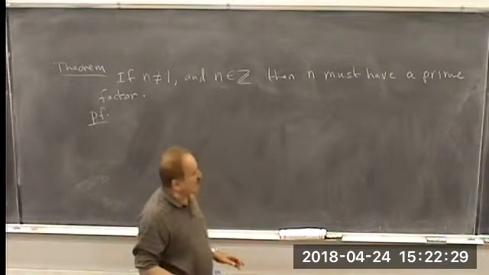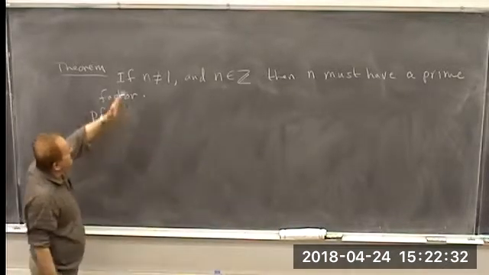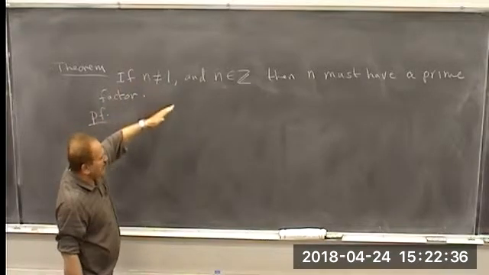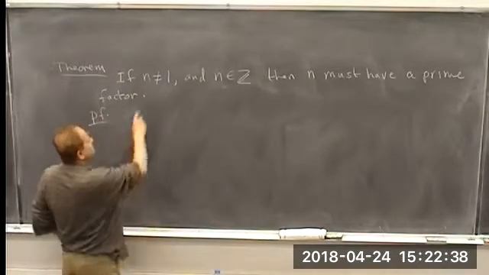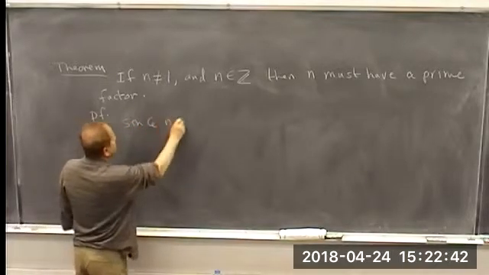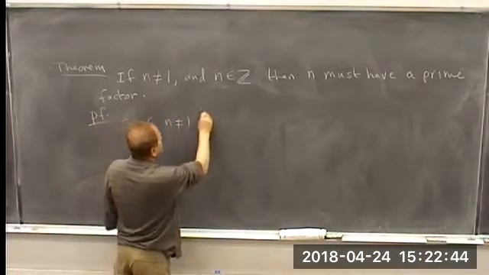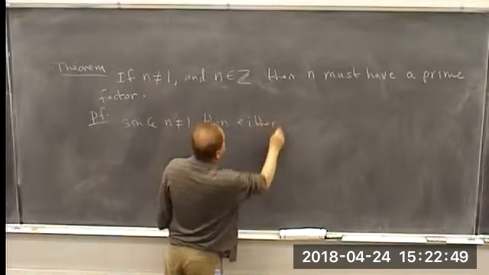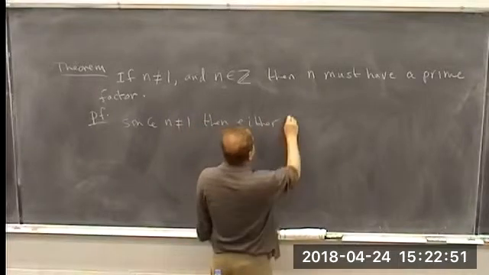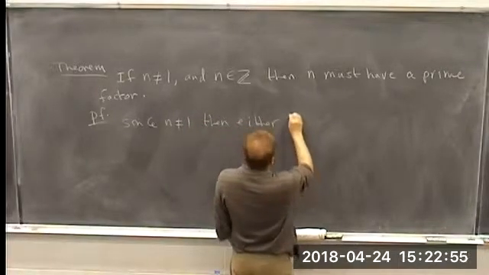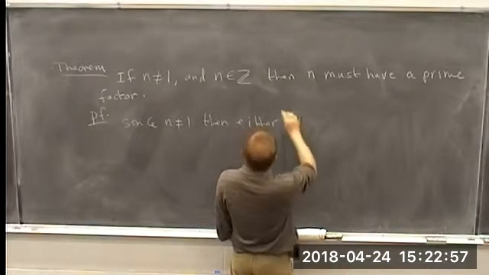Now we know that n itself is either a prime or composite, since it does not equal 1. Since n does not equal 1, then either n, absolute value of n if you wish, because we're taking natural.